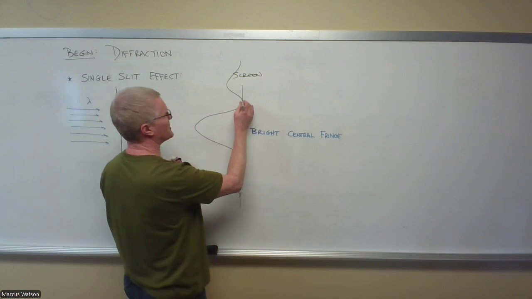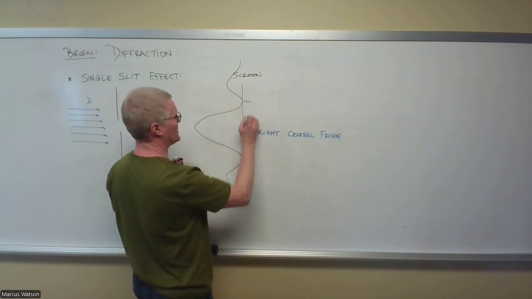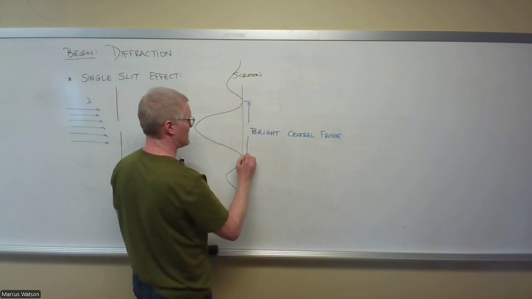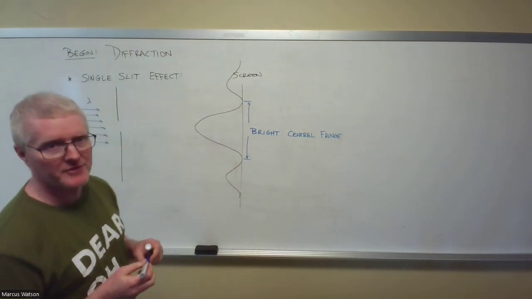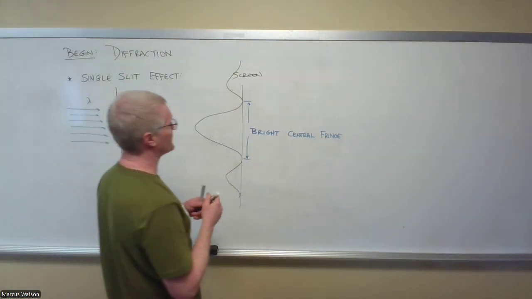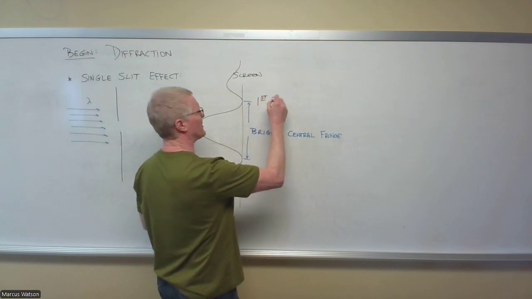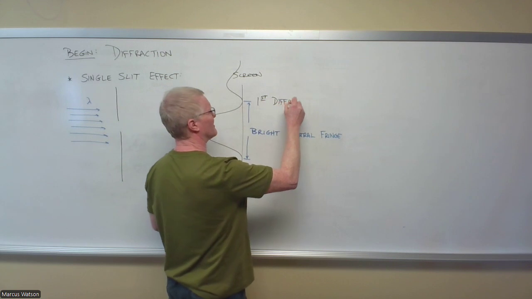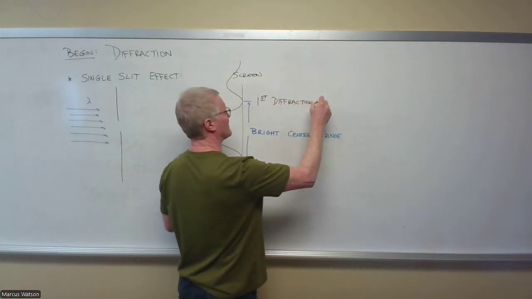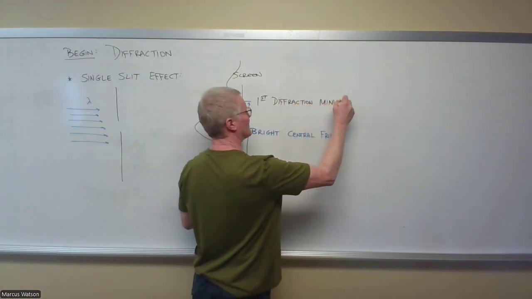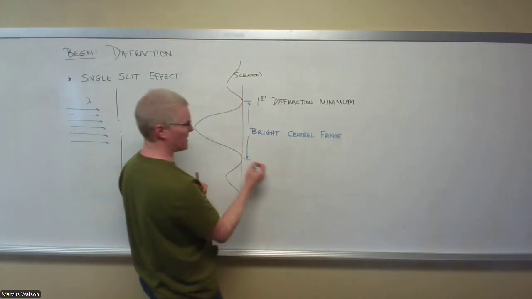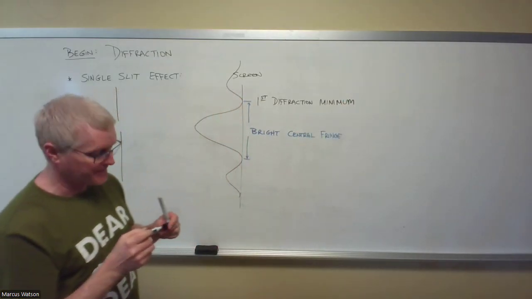And the bright central fringe is between here and here, because that's where the first dark one is. Okay? So our first diffraction minimum occurs here. And the same is true down here. I'm just not going to write it.